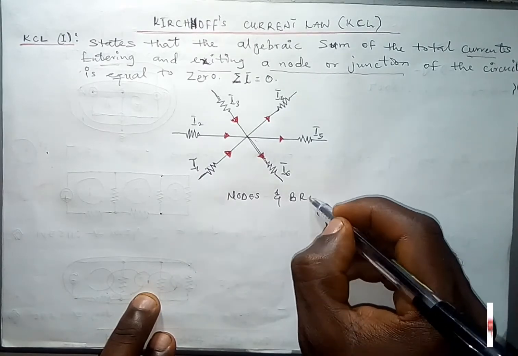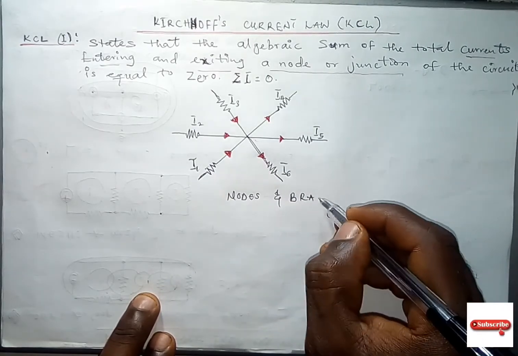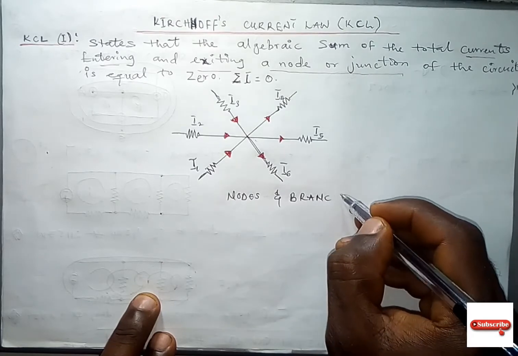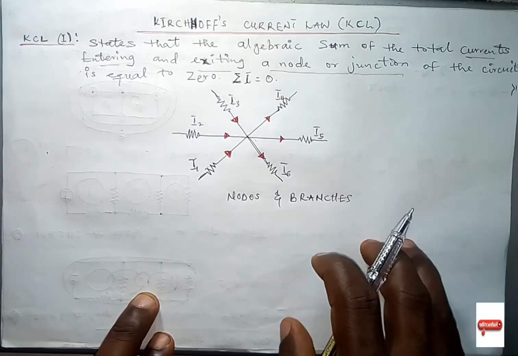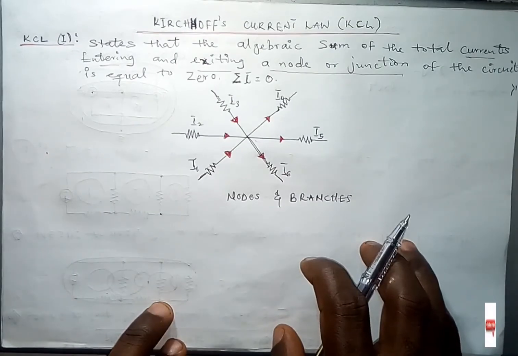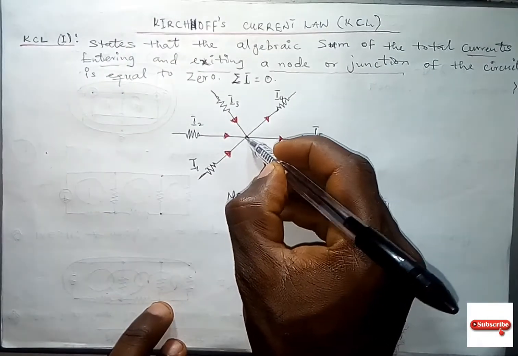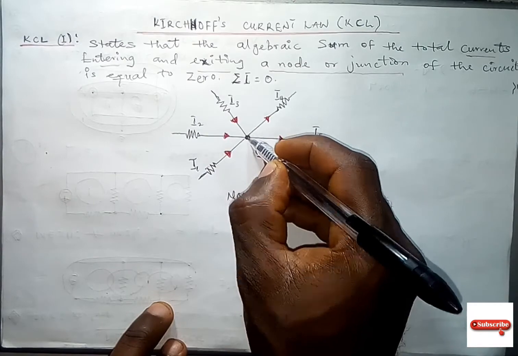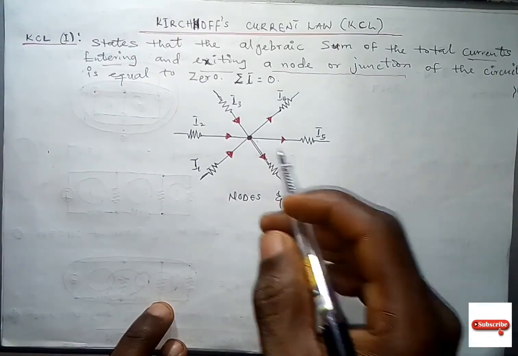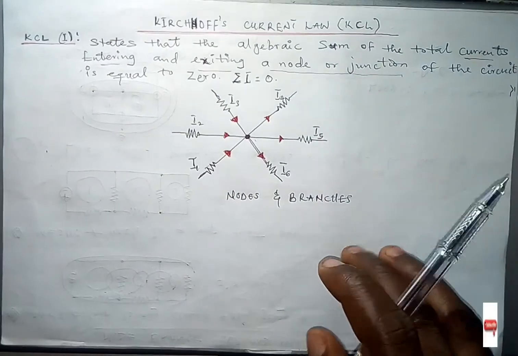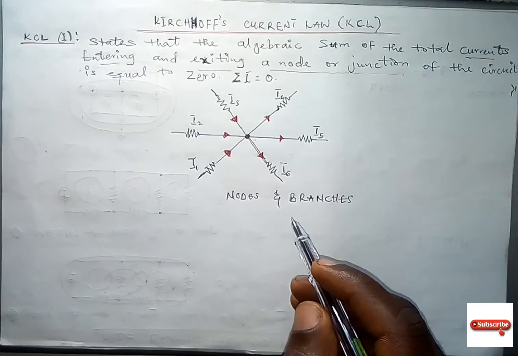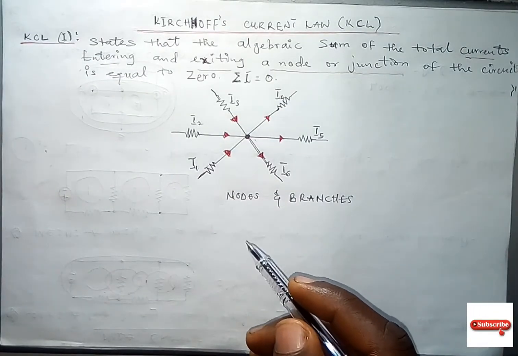I believe we can ascertain the number of nodes we have here. Those that have been following us know that we have just a single node, the one present here, which is holding all these branches together. These are branches. We have 6 branches here, and we have just one node. That's what we have in this diagram.